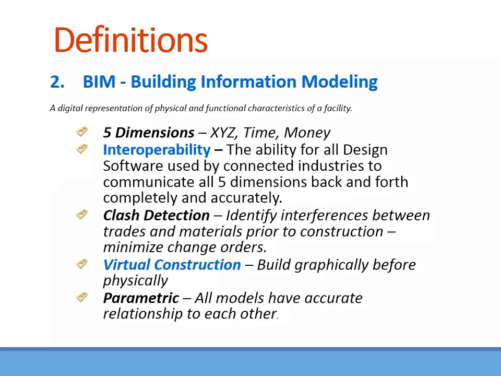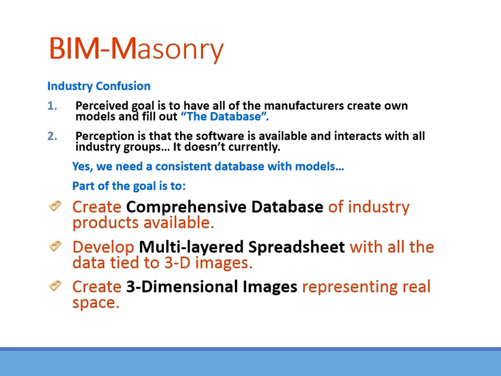It is a virtual construction, so it's built graphically before it's done physically. And parametric means that each model fits in real space. If you took a picture of me and put me in the model, I wouldn't be 50 times taller than the building. I would fit to scale. A brick fits to scale, a block fits to scale. They're all accurate in their relationship to each other.